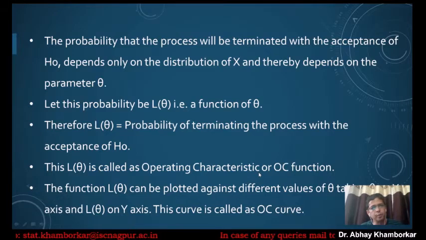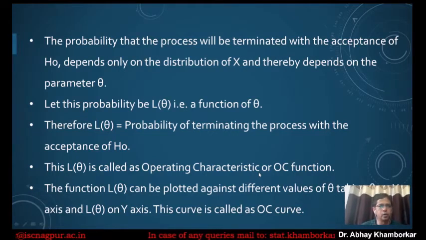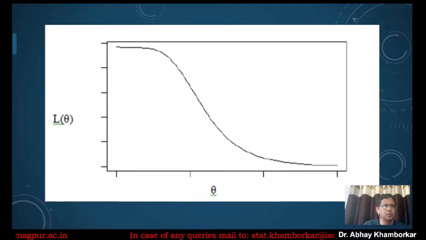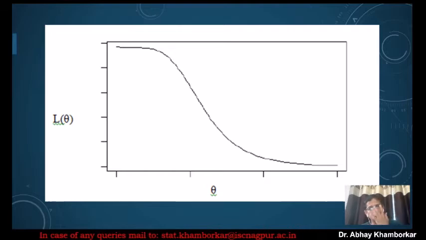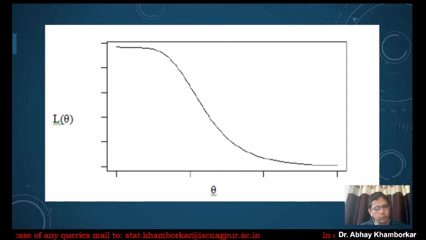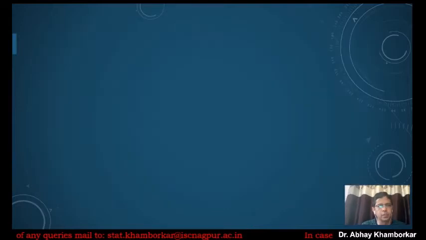If we plot the curve by taking theta on the x-axis and L of theta on the y-axis, then that curve is called the OC curve. This is the general form of the OC. Generally we will get this type of OC curve. Of course we are going to discuss this OC curve in detail in SPRT, but this is basically the general form of the OC function in sequential testing.